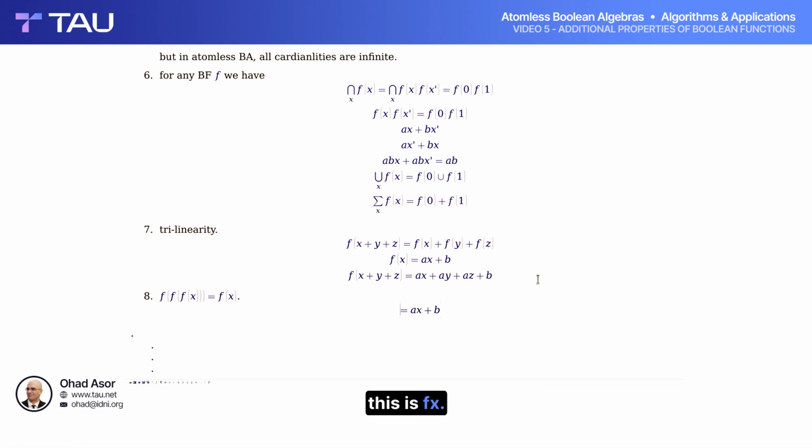So this is f(x). Let's write f(f(x)). It's this. Now let's start distributing. A comes inside. A comes inside again. AB plus AB, that's 0. And here we got f again.